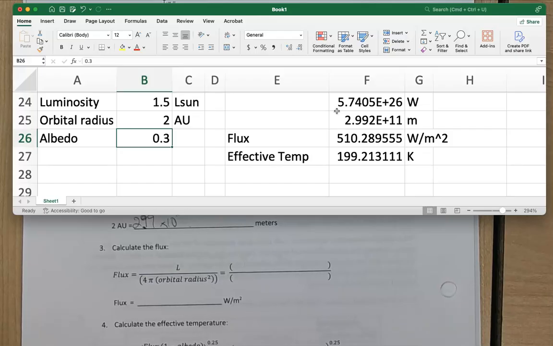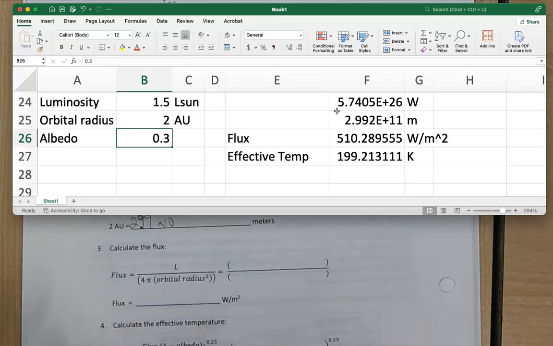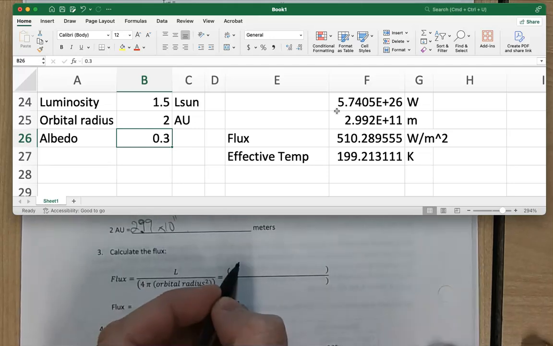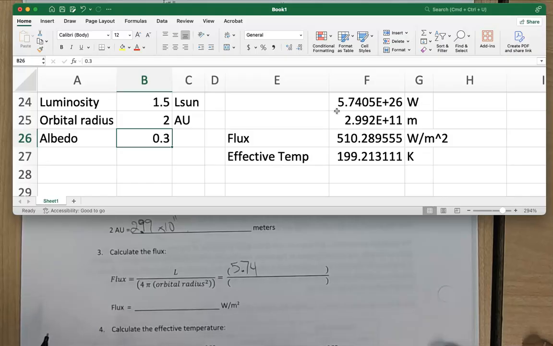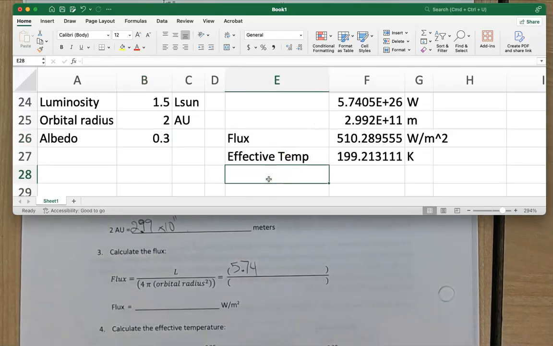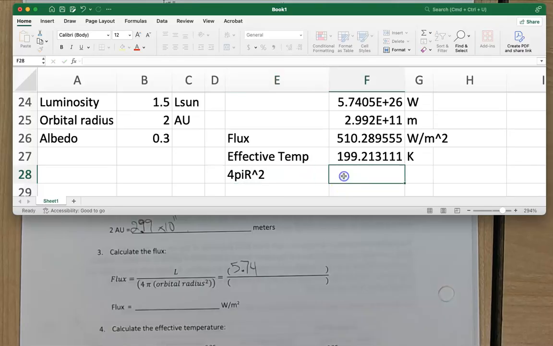So for this planet, I guess we could fill this out, right? The 5.74. I guess I could have this do the math for us. 4 pi r squared, I'm just going to label it that.